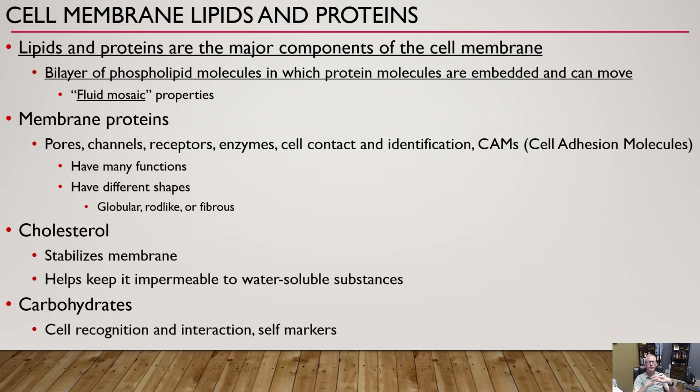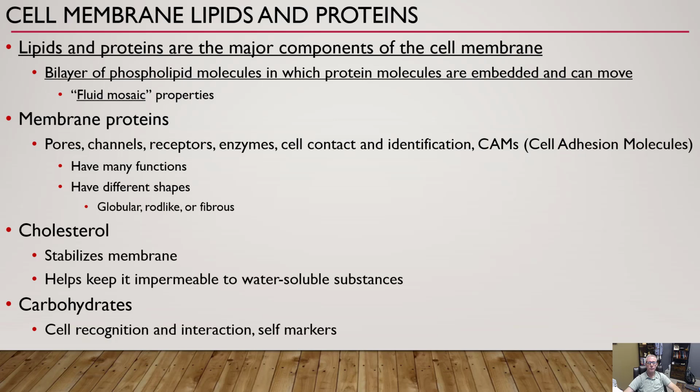And we say that it has fluid mosaic properties. That just means that, just as the cell can change shape to fit tight spaces, whatever's in this cell membrane can also move around. Just because a protein is right here in a cell membrane doesn't mean it's always going to be right here. These proteins are going to move around.